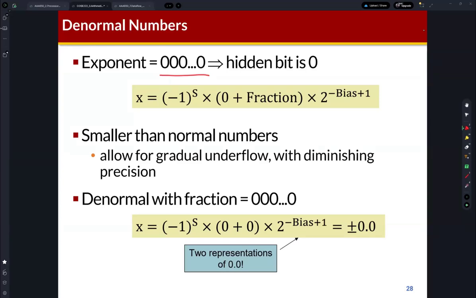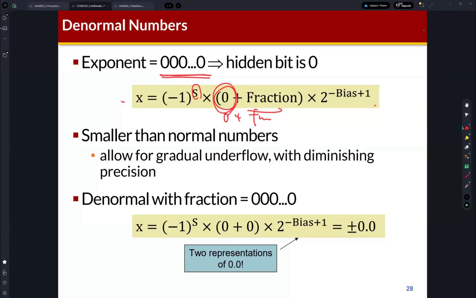It's denormal, not normal. If the exponent is all zeros, it means the size is very small. Then we can represent this number like this. The sign bit is the same, but if the exponent is all zeros, then instead of 1 plus fraction, it just uses the fraction. Okay, so this is different.